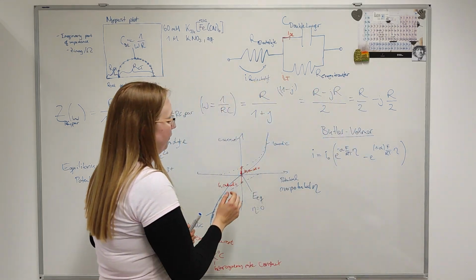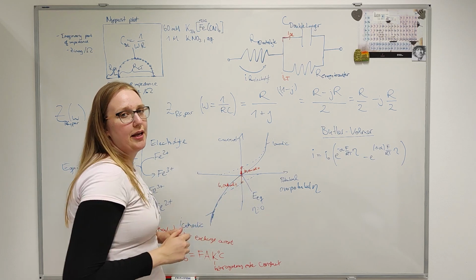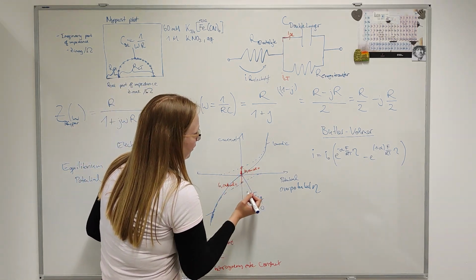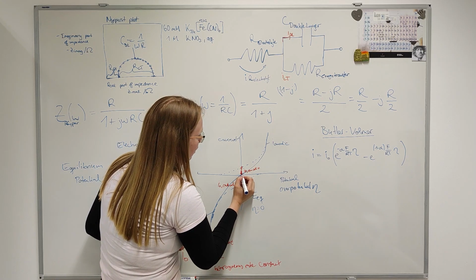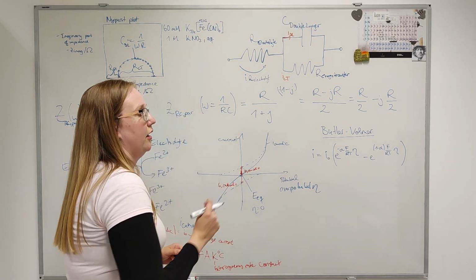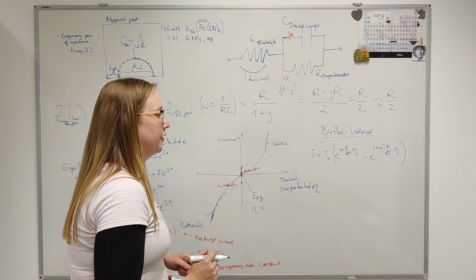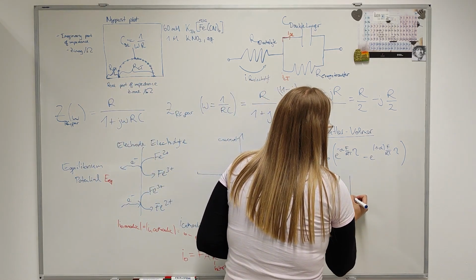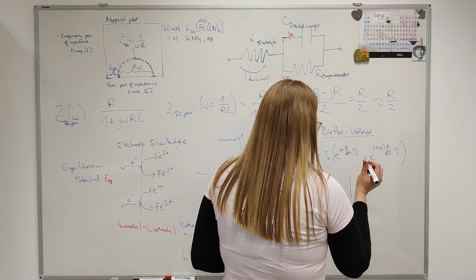As I apply only very small perturbations in my electrochemical impedance spectroscopy experiment, so here around the equilibrium potential, only about here, I can actually try to linearize this expression. Therefore, I use a Taylor expansion, which I stop after the second term.